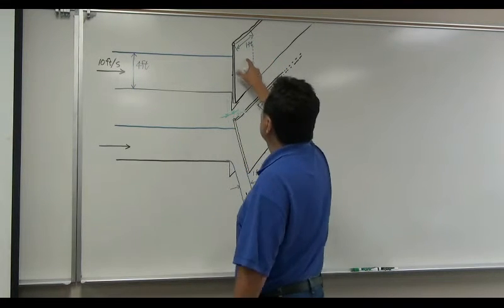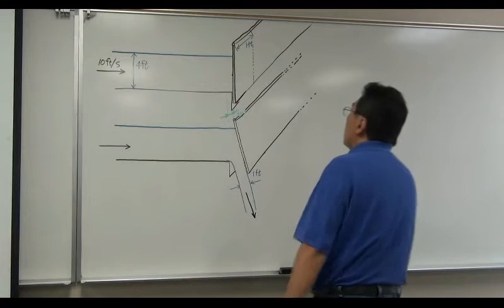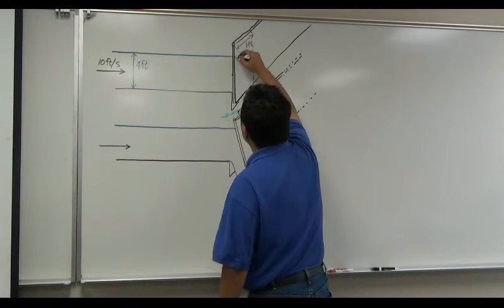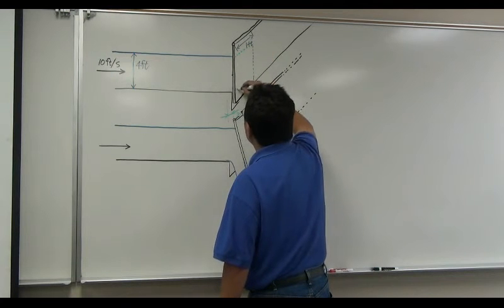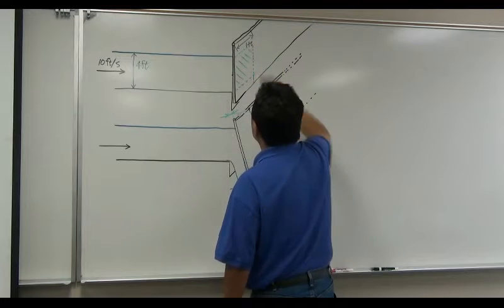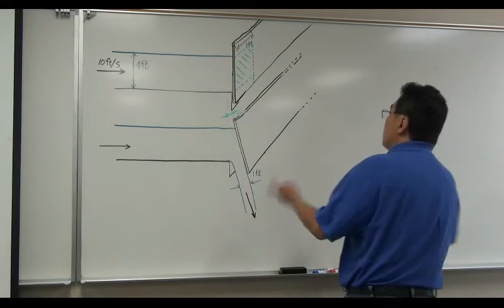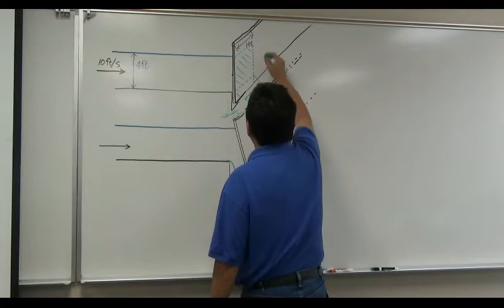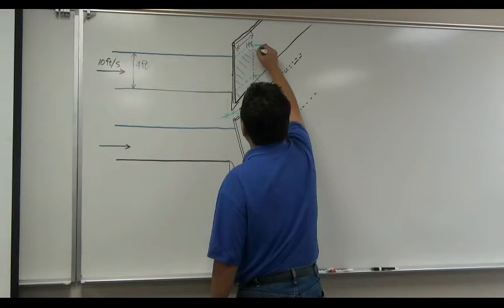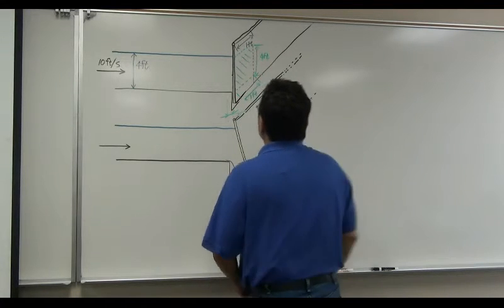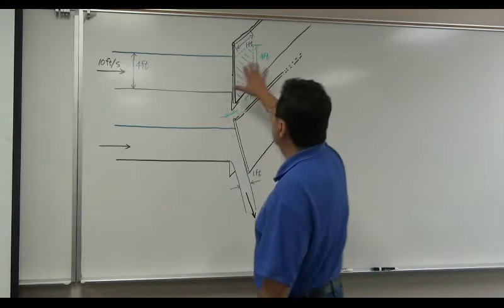So per unit width of this plate, okay, well obviously you have this much rectangular area submerged under the water per unit width, which is 1 feet. This is 4 feet. So that's the area submerged under the water.